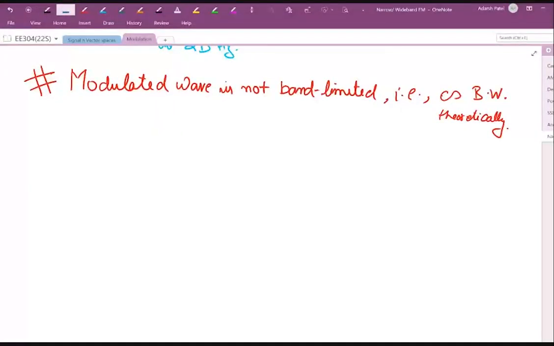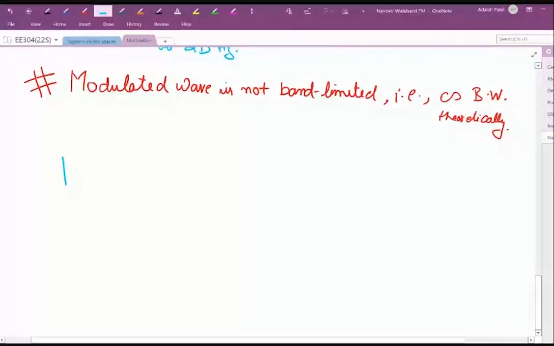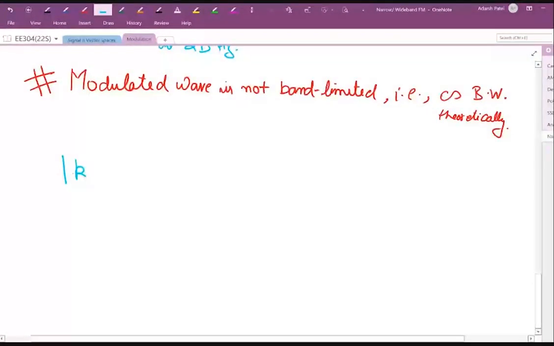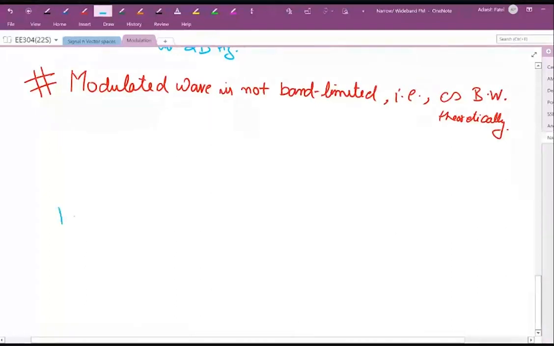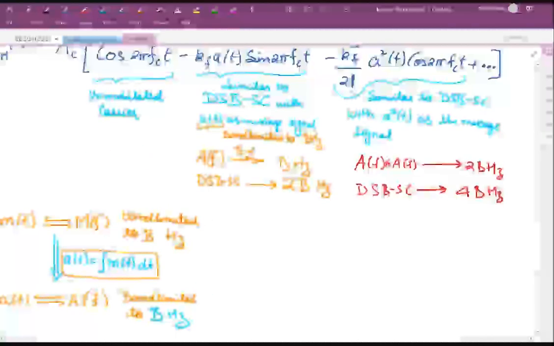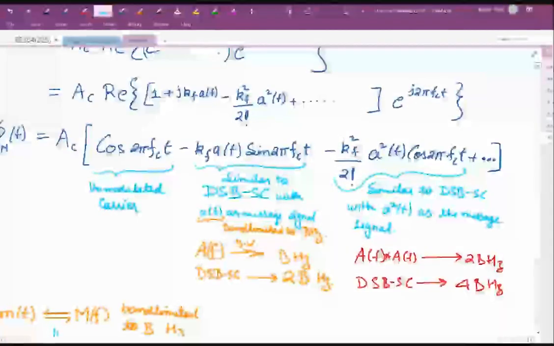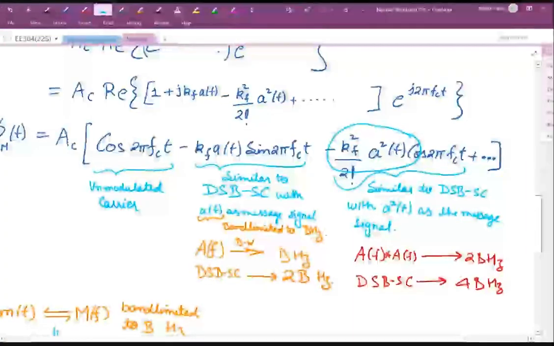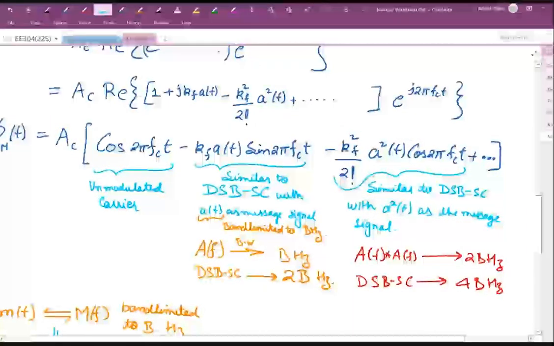we assume that the mod of kf a(t) is small. Okay, so if I assume that kf a(t) is small, then I can neglect these higher order terms.